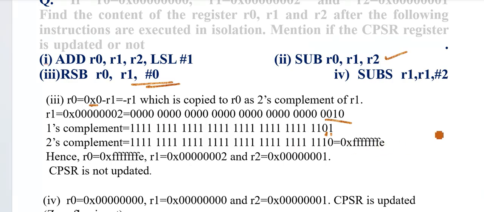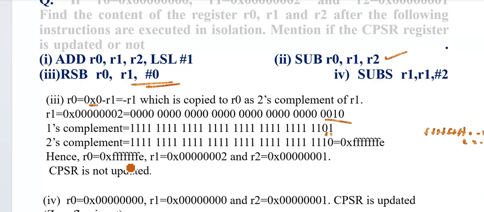FFFFFFFF is minus 1, and FFFFFFFE is minus 2. In 32-bit signed number representation, all eight F's is minus 1, then FE is minus 2, FD is minus 3, like that, because in signed numbers the MSB is 1.